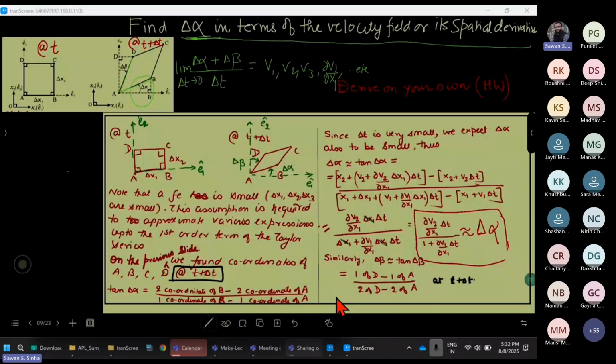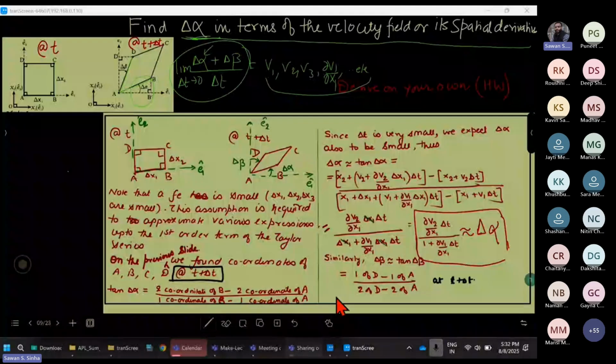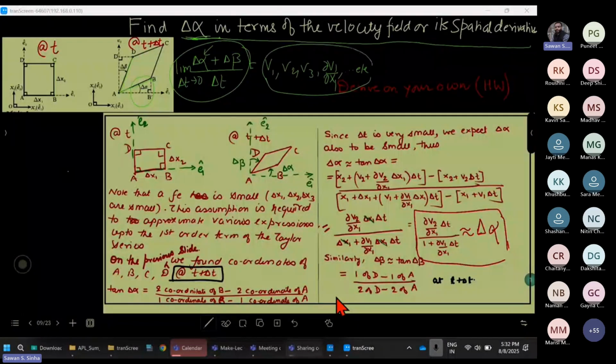To be able to get this, first let's find delta alpha in terms of the coordinates. It will turn out to depend on these things in turn. So let's have a look at this part of the slide. Note that delta x is small.